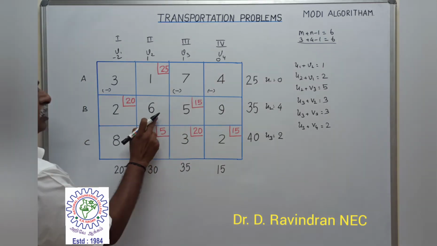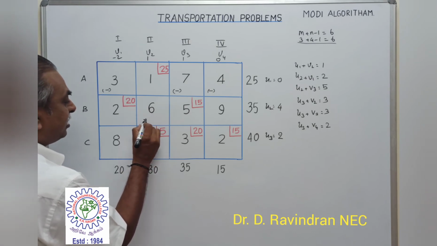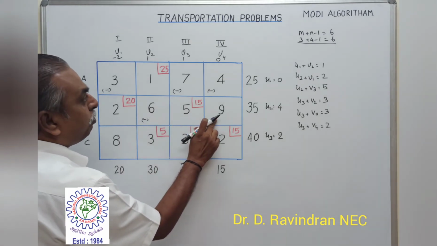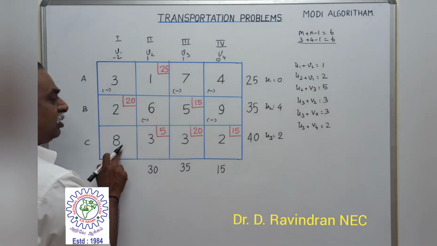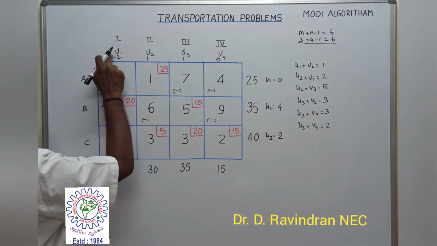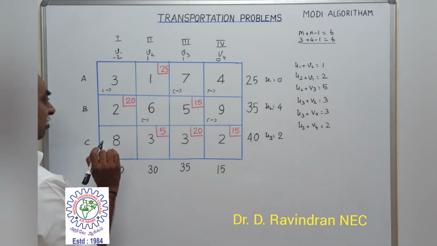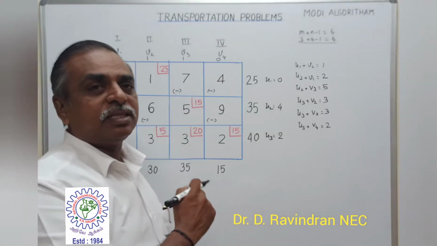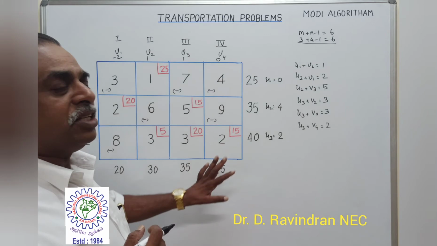Now here 4 plus 1, 5 minus 6, it is also negative. 4 plus 0 minus 9 is also negative. Here in this one 2 minus 2 is 0, minus 8, this is also negative. Now all the non-basic cells are negative. That indicates the optimality has been reached.